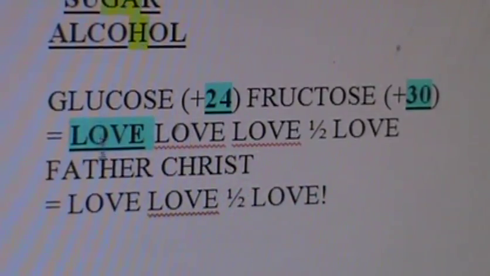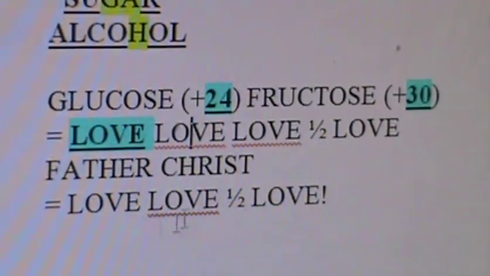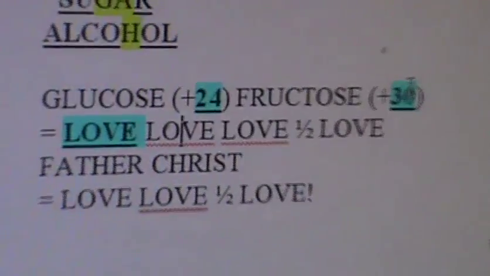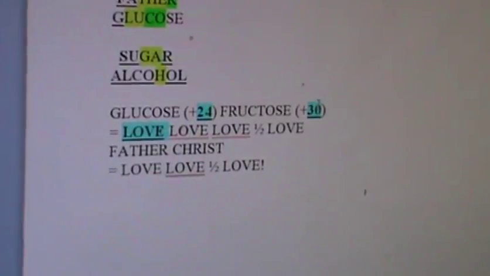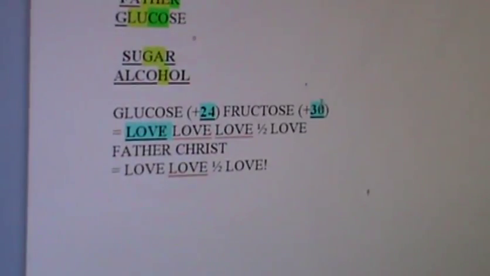Glucose is 24 higher than Father, fructose is 30 points higher than Christ. 24 plus 30 equals love perfectly. It's glaring, these equations. Done. I love simple gems like that. I love it, I love it, I love it.